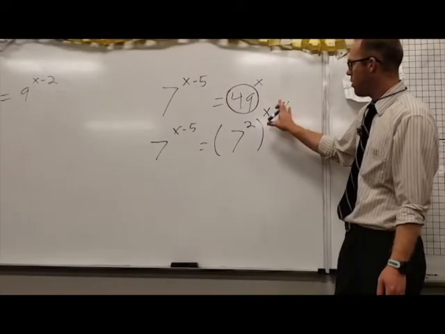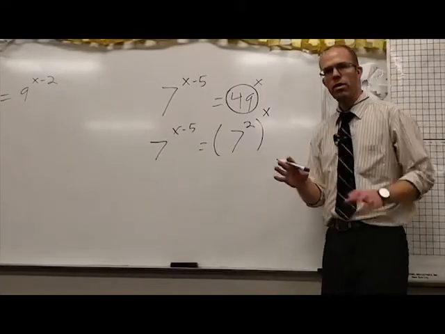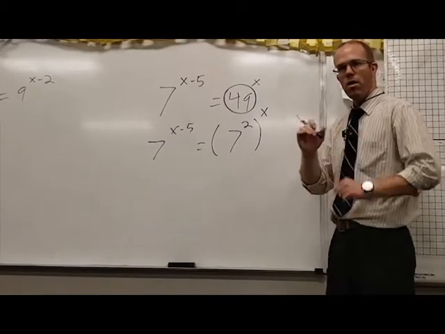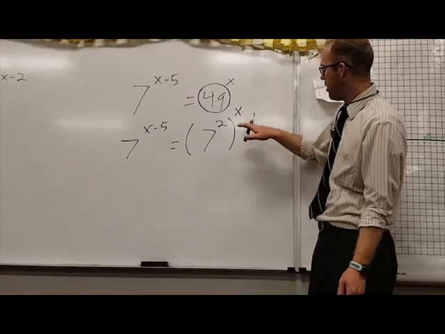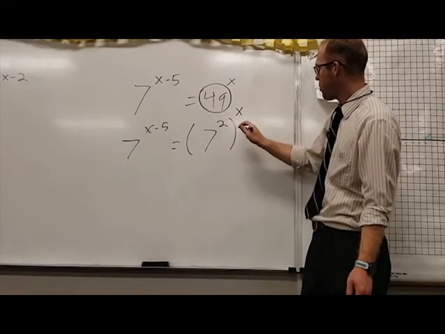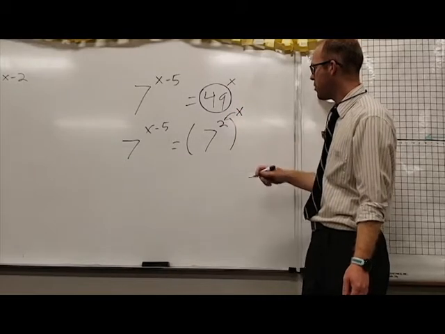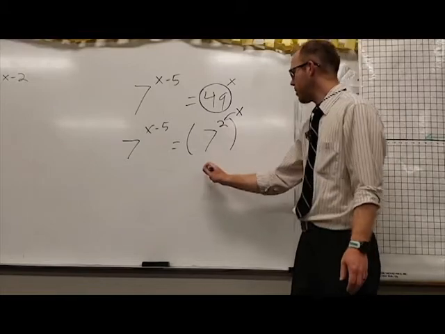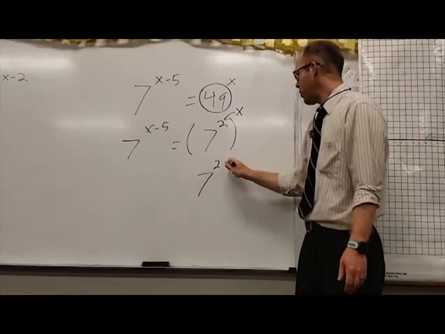Now, we need to know the power rule. So really quickly, if you need to know more about this, then go watch a video about the power rule in exponents. But when we have an exponent raised to another exponent, then we can multiply those two together to simplify this expression. So we have 2 times x, that would give us 7 to the 2x.